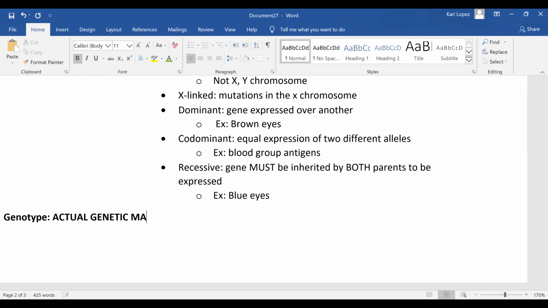Autosome is just any chromosome that's not a sex chromosome. So out of your 23 pairs, 22 of those pairs are autosomes, and then one of them is your sex-linked chromosomes.